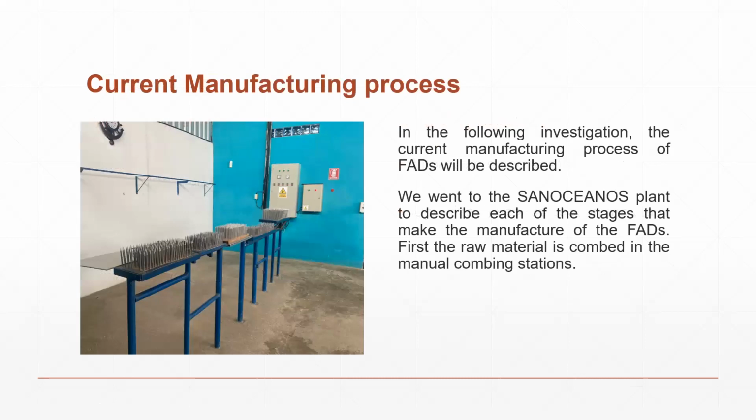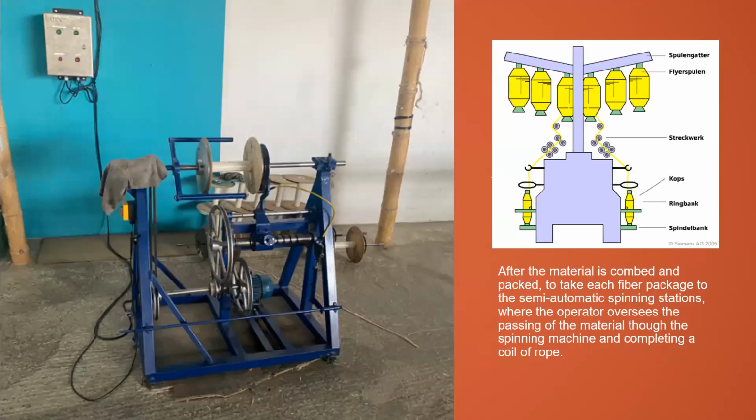Where we are now, the current manufacturing process, they make this manually. At the beginning, they take the raw material and put it in the manual combing machines, as you can see in this image. Then when the raw material is combed, they put it in the spinning machines.